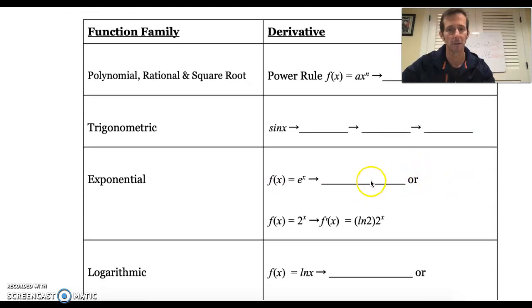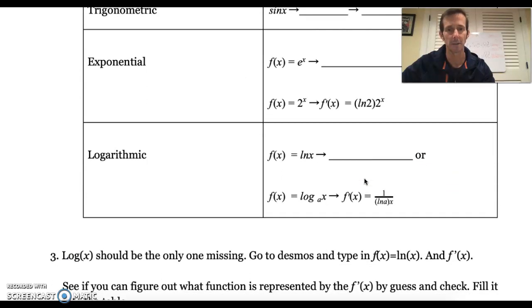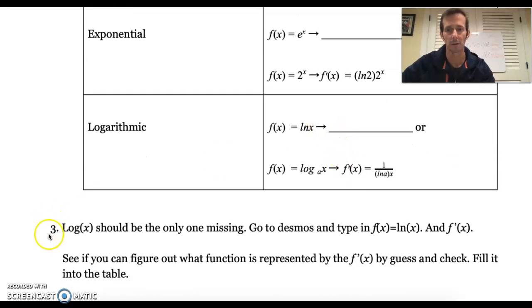The exponential one you will get from a Desmos activity, and this one you're going to be the missing one. You're going to go to Desmos, just regular graphing. Type in f of x equals ln of x, and then underneath that in a separate bar type in f prime of x, and it'll automatically graph the derivative. Your job is to figure out what function f prime of x equals, and you can type in other things underneath it to see if they match and fit.